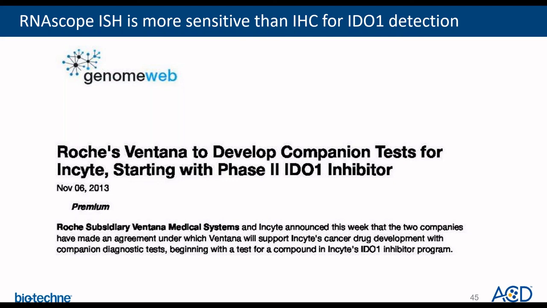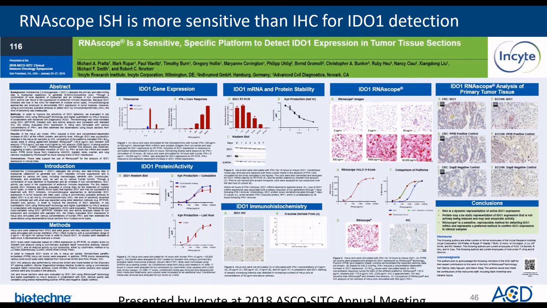After a couple of years of development work, Incyte decided to compare the specificity and sensitivity of other assays that became available. Almost 5 years later, in 2018, Incyte presented this data in ASCO, showing the sensitivity and specificity of RNAscope platform in detection of IDO1 expression in tumor biopsies.